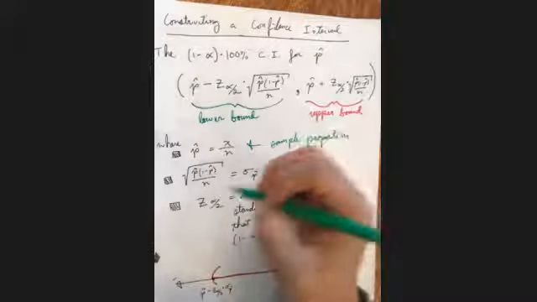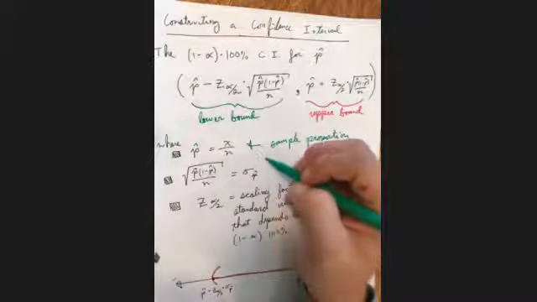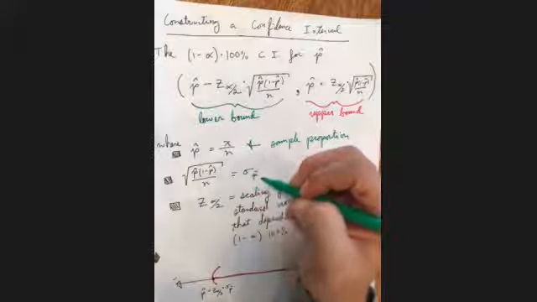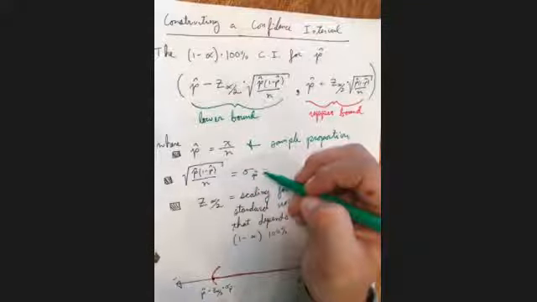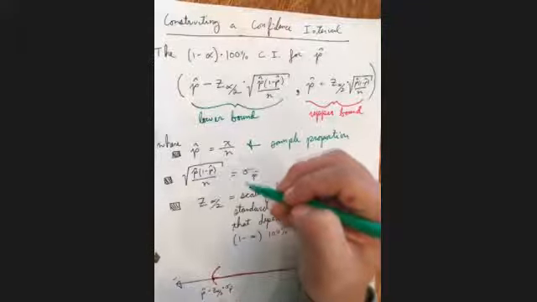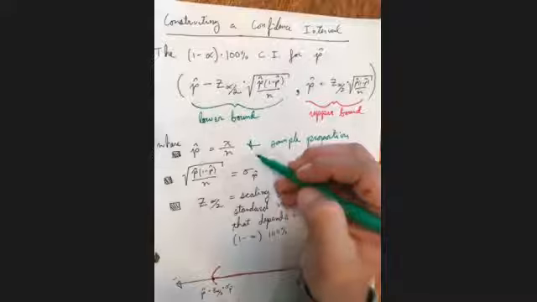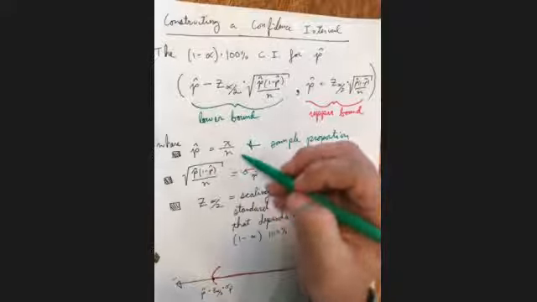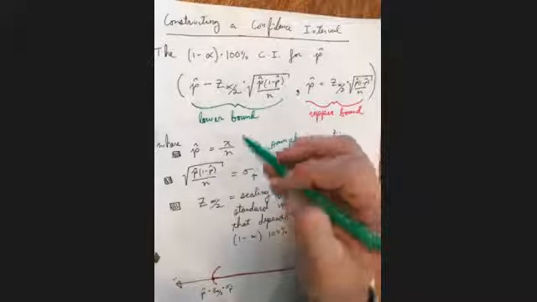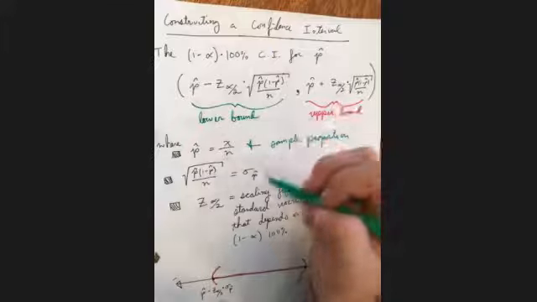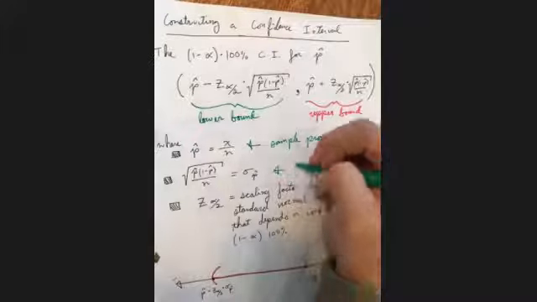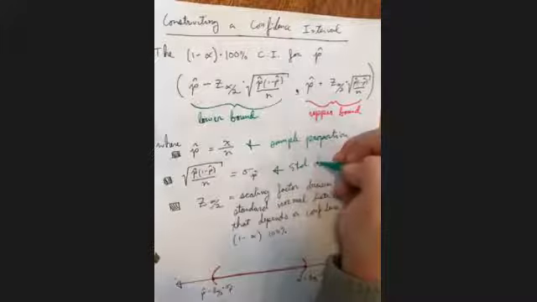Now, the idea here is that this is an estimator for the standard deviation of p hat. It's complicated. Don't worry about it. Just consider this your standard deviation.